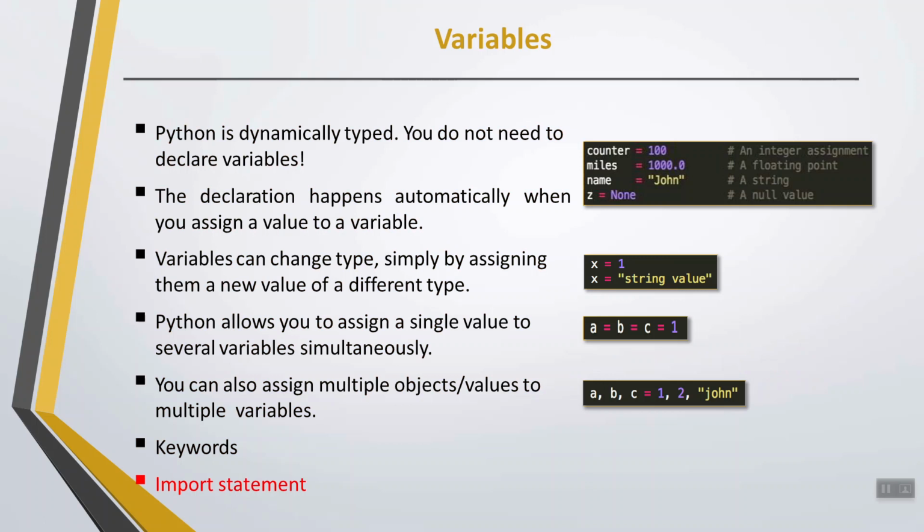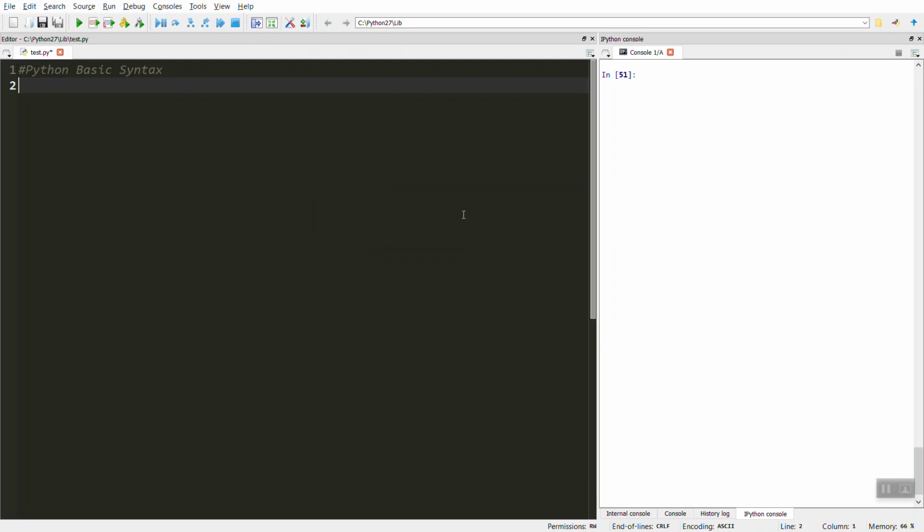So let's see a few examples of variables. For a simple variable, we just need to decide the name.